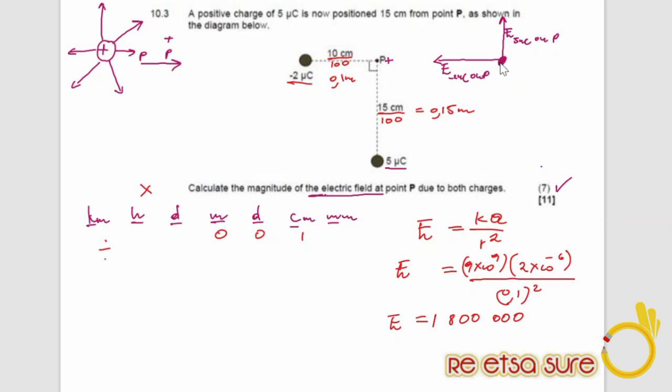For the fact that I drew my free body diagram, the electric field acting between P and this charge has to be to the left. But remember, my beautiful learners, electric field is measured in newtons per coulomb. And our direction in this situation is to the left. Are we together? Thank you.